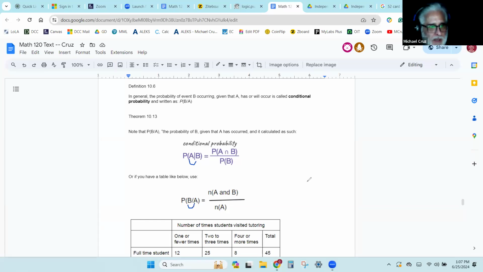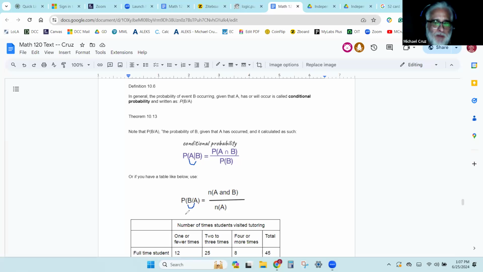If you notice this, I've showed you in 2 different ways, because you can do it with probability and you can also do it by the numbers by using the numbers straight from these contingency tables. But notice that these two are different. This is the probability A given B, and this is the probability of B given A. Notice that in the case of this one, the B is in the denominator, and down here, the A is in the denominator, because that order matters there.